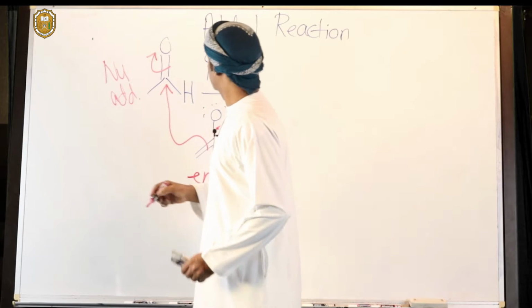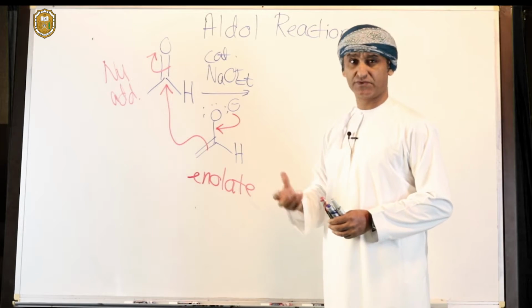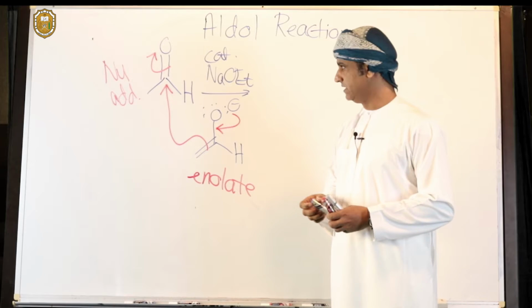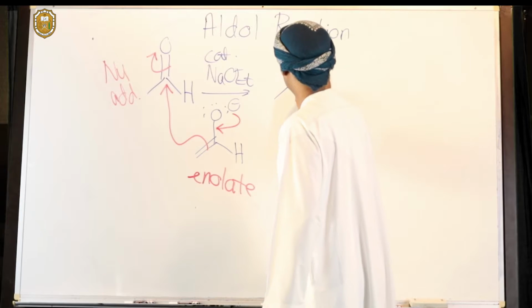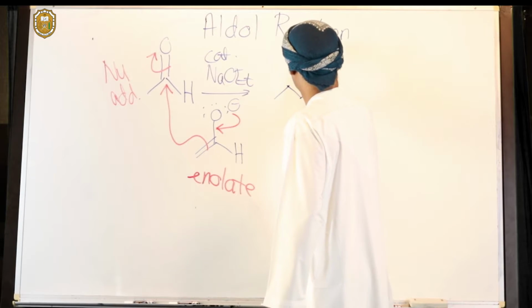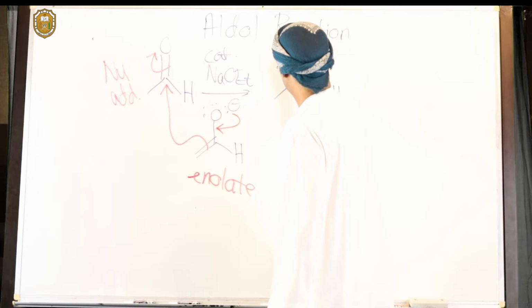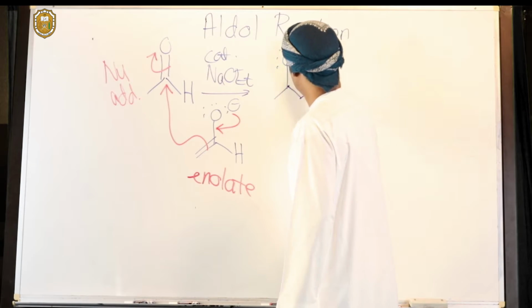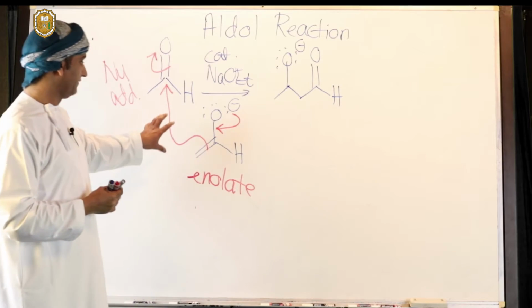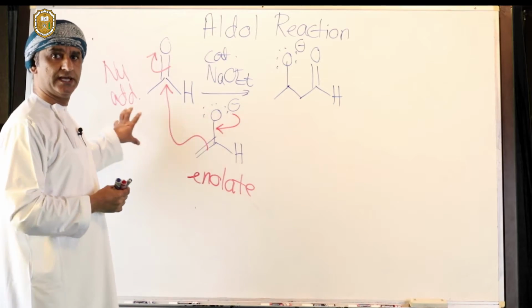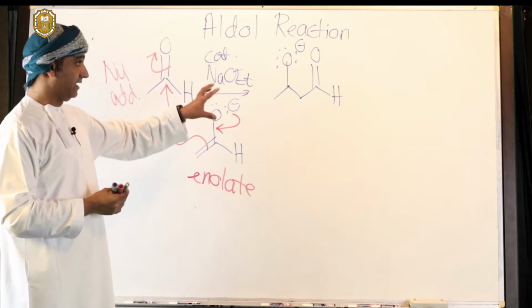So the Aldol reaction is specifically a nucleophilic addition reaction where an enolate reacts with an aldehyde or a ketone. Let's write the product that's obtained so far. So this is the product that's obtained as a result of the attack of an enolate on an aldehyde, or acetaldehyde in this case.